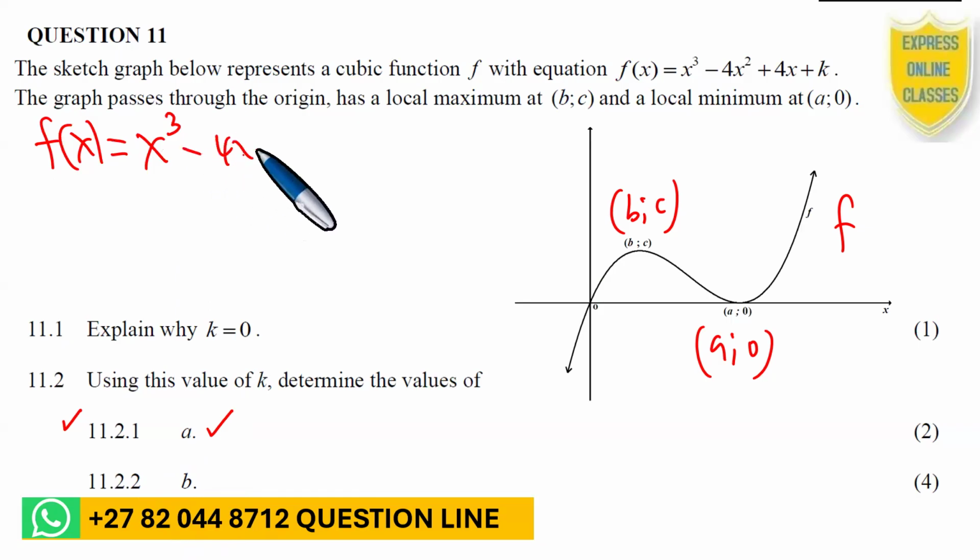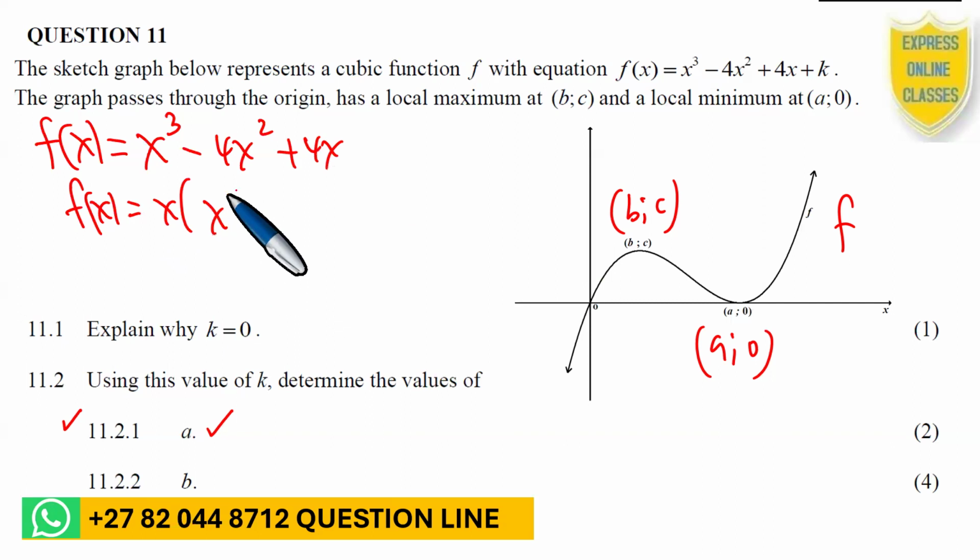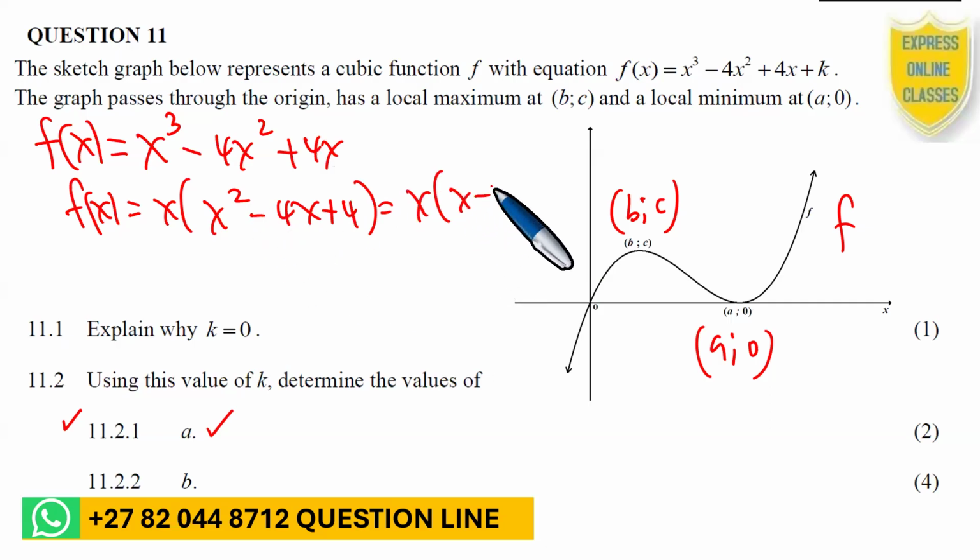So this is x cubed minus 4x squared plus 4x. Factor out x, which is x squared minus 4x plus 4, which is exactly x minus 2 all squared.